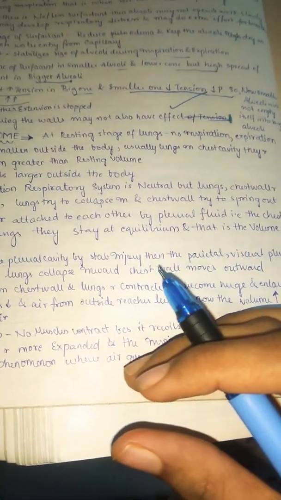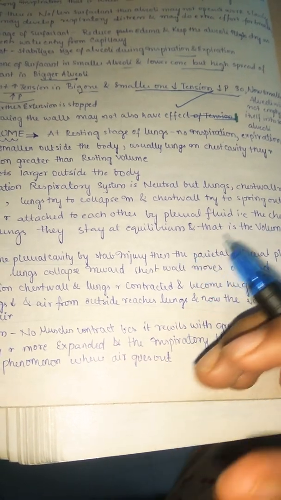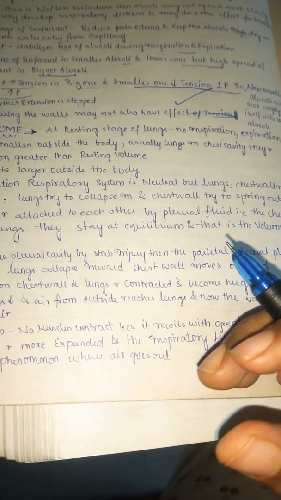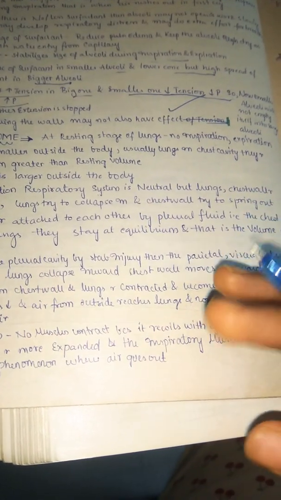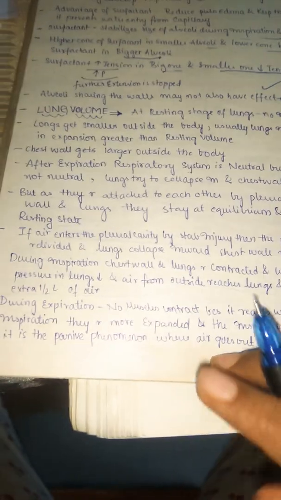When air enters, the negativity of the intrapleural pressure is lost. Because of this, lungs go inward and the chest wall goes outward, and the respiratory cycle is completely disturbed.